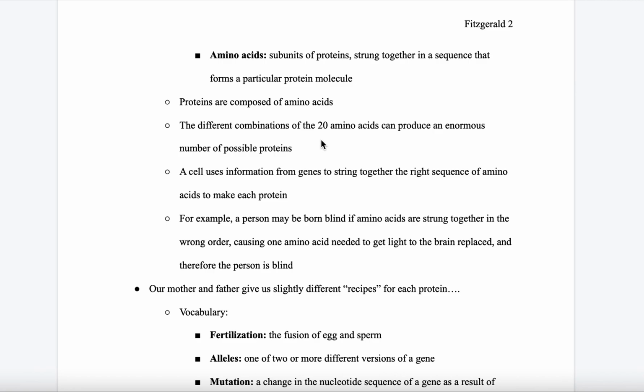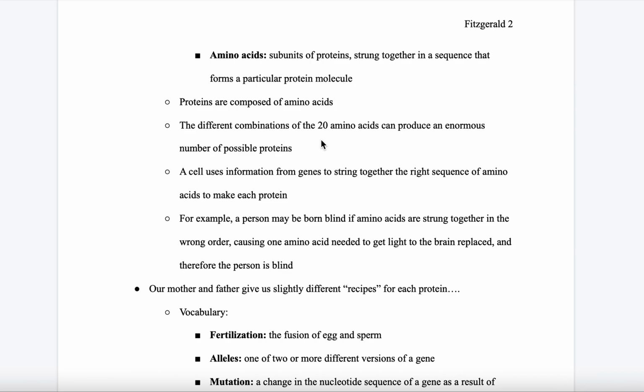For example, if the amino acid needed to get light to the brain in order to create an image, to be able to see, is replaced, if it's incorrectly placed, then the person is going to be blind.